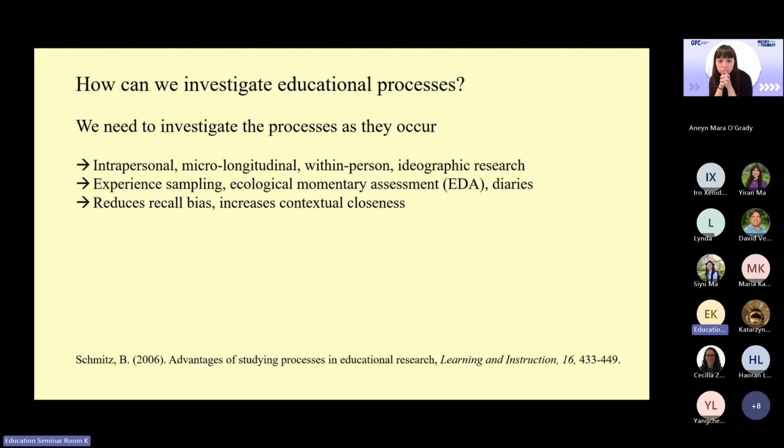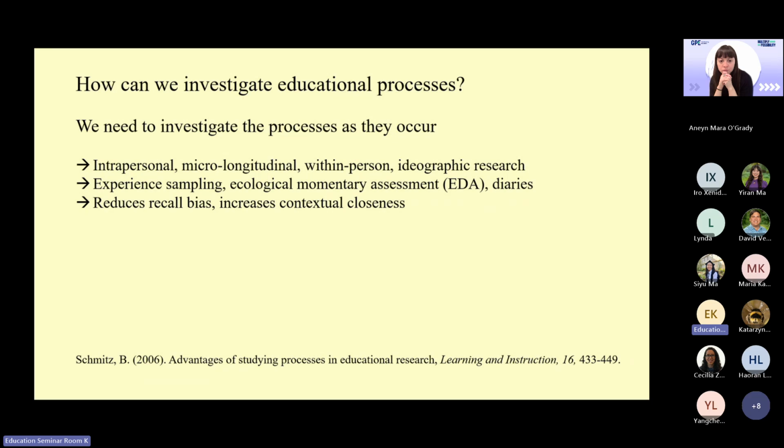So we need to investigate processes as they occur in real time, rather than asking people retrospectively what they have experienced. Studies like this are called intrapersonal, microlongitudinal, within-person, or idiographic research. This can be done by so-called experience sampling, ecological momentary assessments, or diary studies.